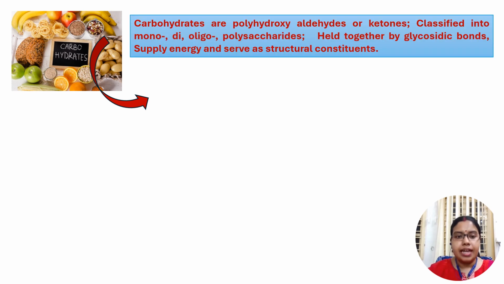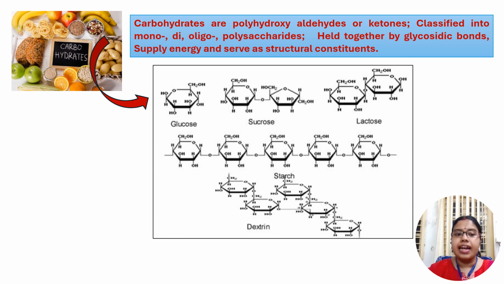What is a carbohydrate? Carbohydrates are polyhydroxyaldehydes or ketones and are classified into mono, di, oligo and polysaccharides. The carbohydrates in the di, oligo and polysaccharides are held together by glycosidic bonds. Carbohydrates supply energy and serve as the structural constituents of life.